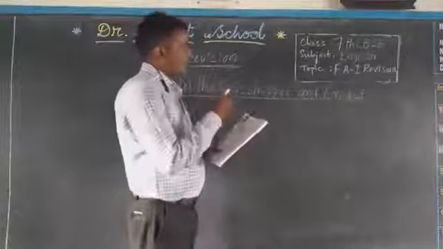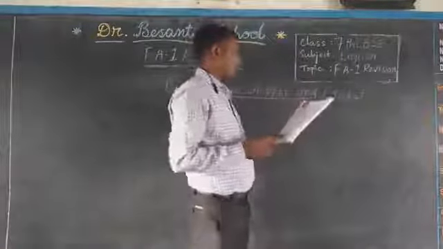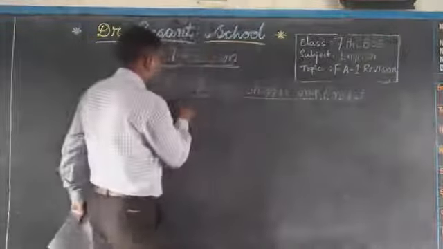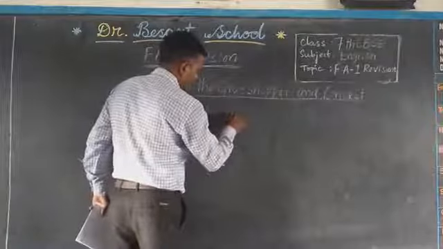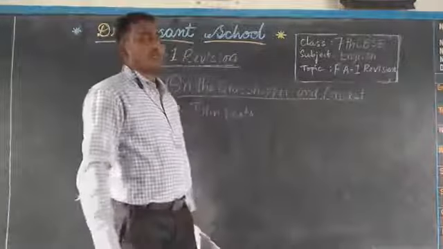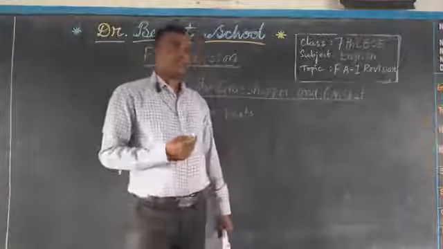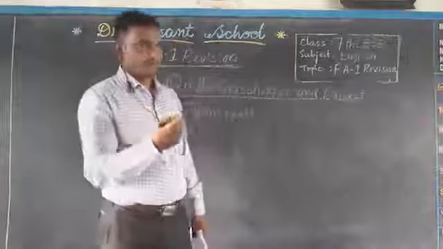On the Grasshopper and Cricket was written by John Keats, right? John Keats. Children, how does the question come from here? So, what was written by John Keats?